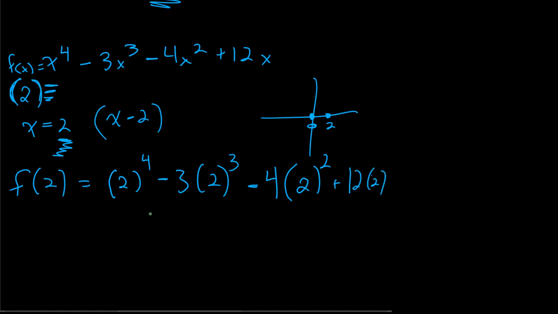All right, so let's see. This is 16 minus 24, minus 16 plus 24. Well, that cancels that, that cancels that, and I've got 0.